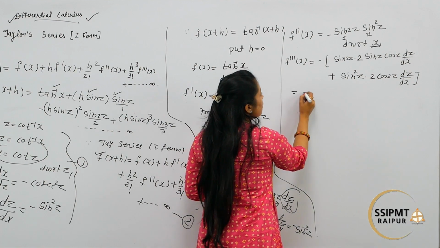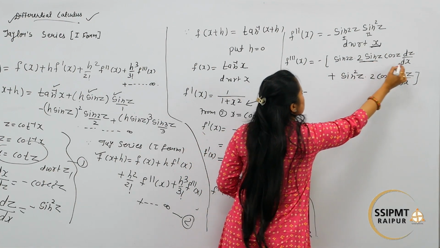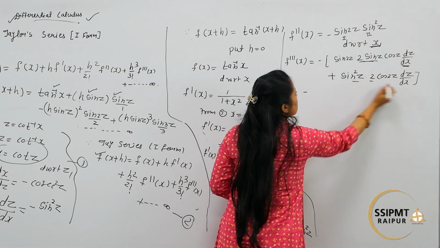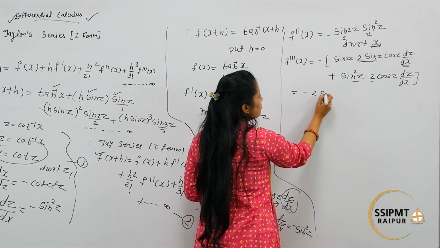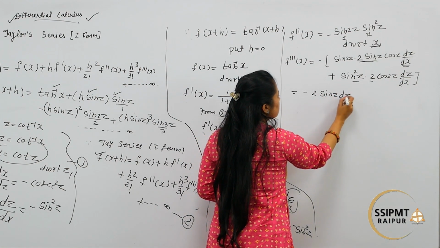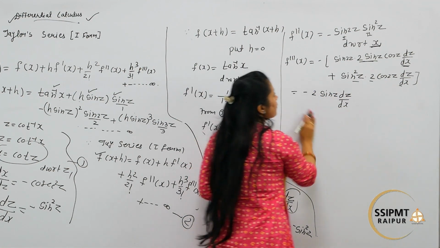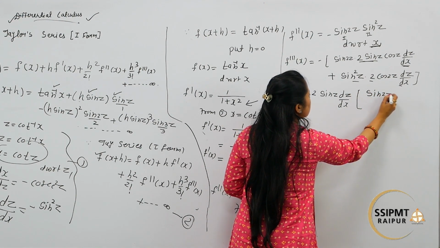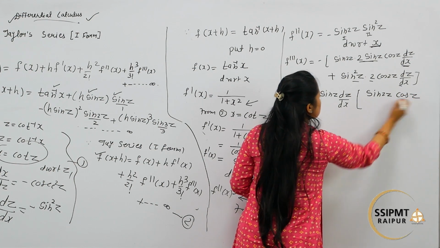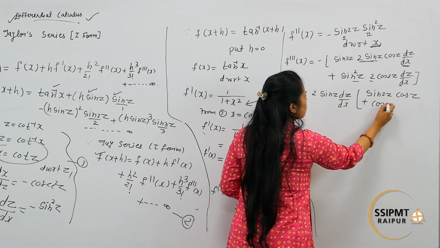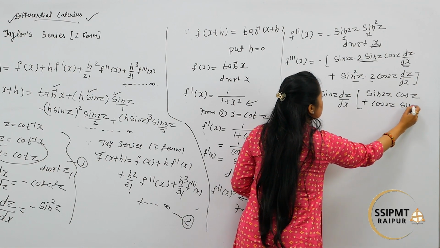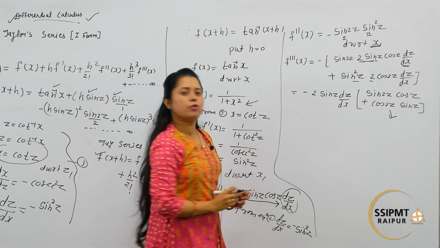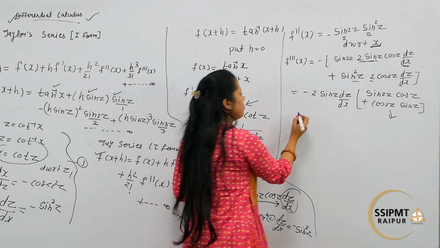So as we can see, 2 sin z and dz by dx is common. So take it out. And in the bracket we have sin 2z cos z plus cos 2z sin z, which is sin a cos b plus cos a sin b, which is sin of (a plus b).